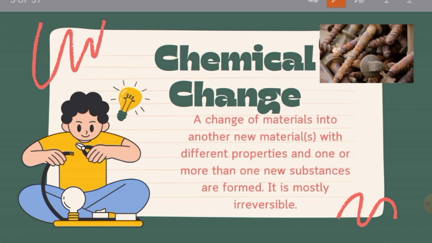In a chemical change generally new substances are formed, that is very important, whereas in physical change no new substances are formed, right? Here we will surely have a change in chemical composition. Some or the other change will be there, whereas in physical change we cannot see any chemical compositional change.